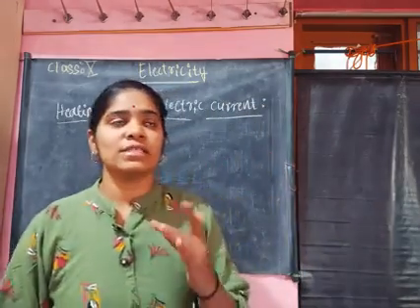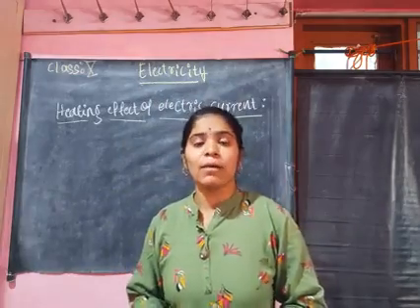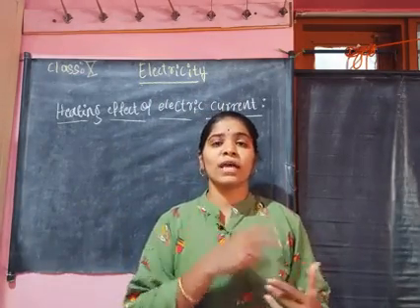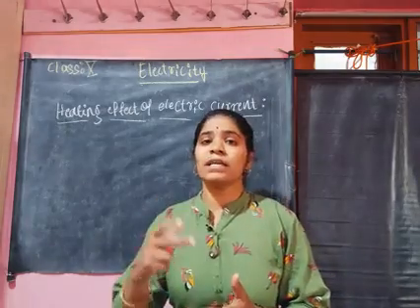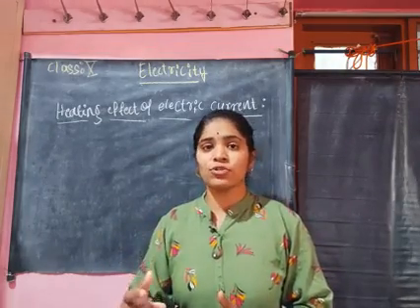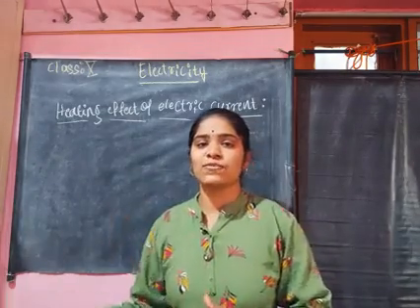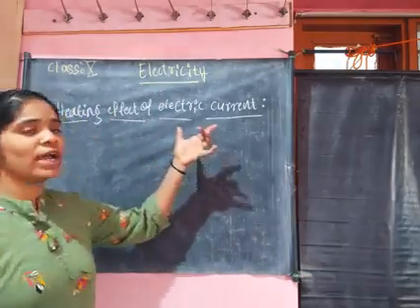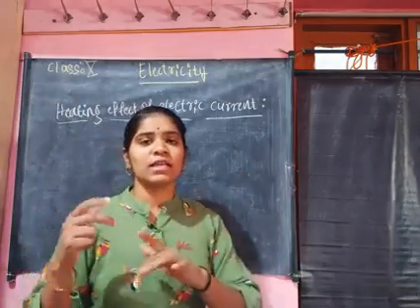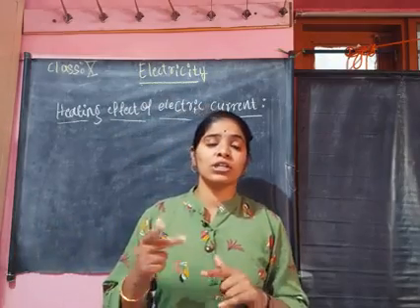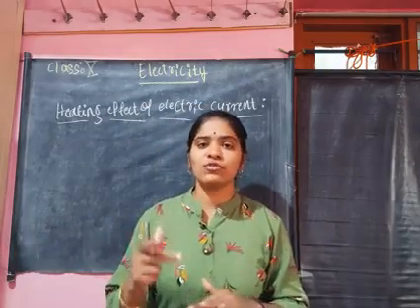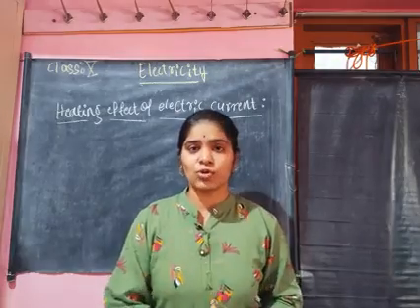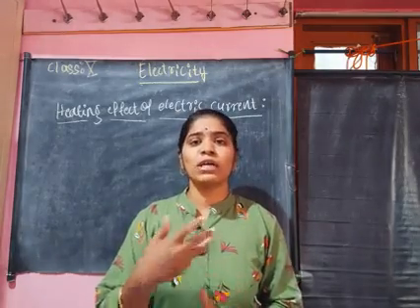Examples are the electrical heater and the microwave oven. In those cases, the heat produced from the electrical supply is utilized for our daily purposes. So the heating effect of an electric current means that when electric current is passed through an electrical circuit, heat is formed.